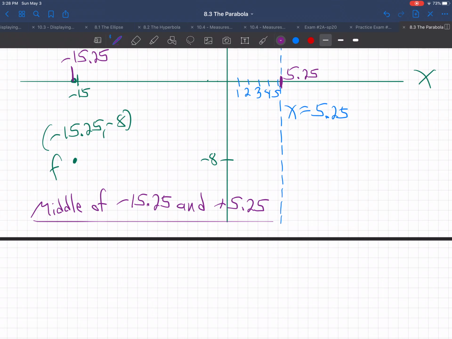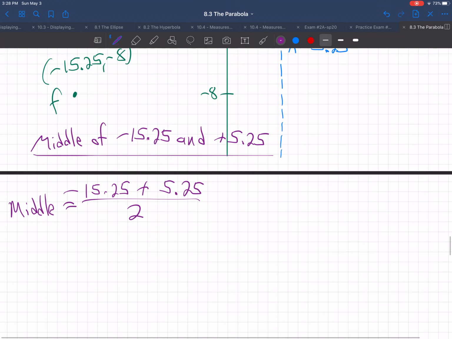If you got an 80 and a 90 on two exams, how do you find the middle? You average them, don't you? So I'm going to take those two numbers, add them, and divide by 2. That'll give me the middle of those two numbers.